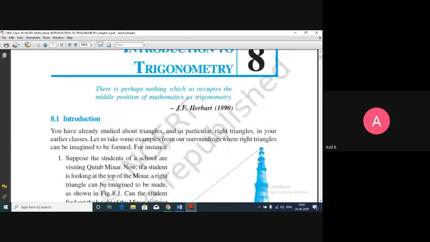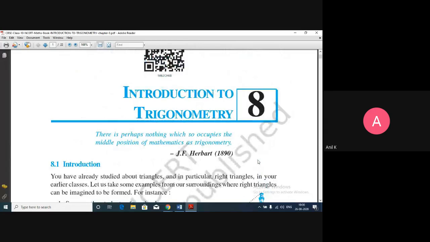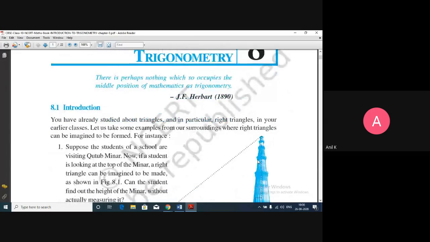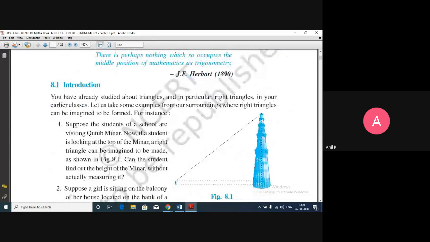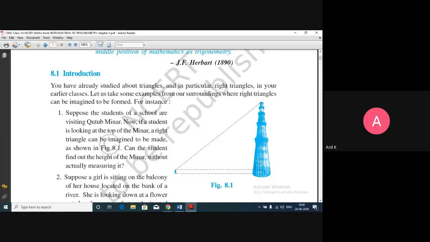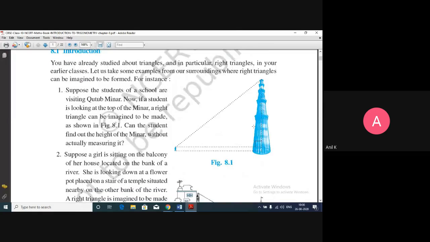So, what we are going to study in this trigonometry is all about the right angle triangle, and we are going to define some functions called trigonometric functions. And what exactly we are going to study this for is finding the height of things and the distance. For example, if I want to find the height of the Qutub Minar, I need not use a scale or anything to measure.